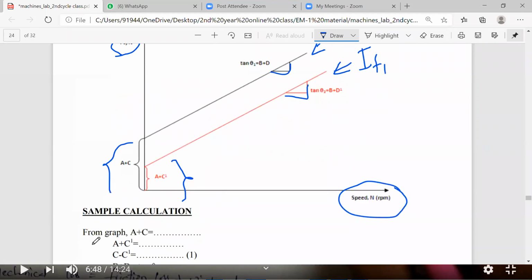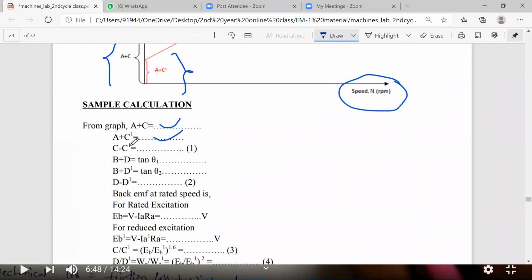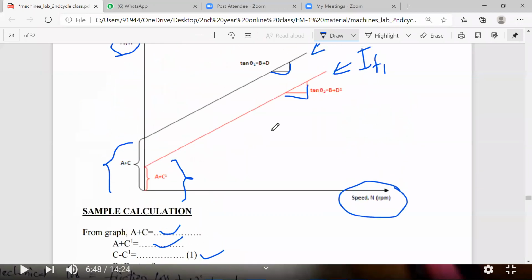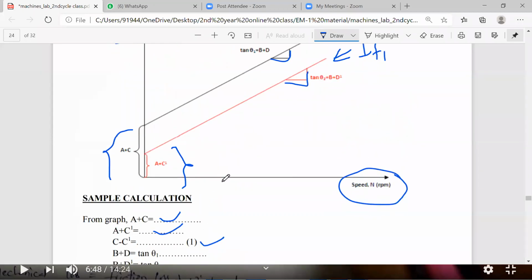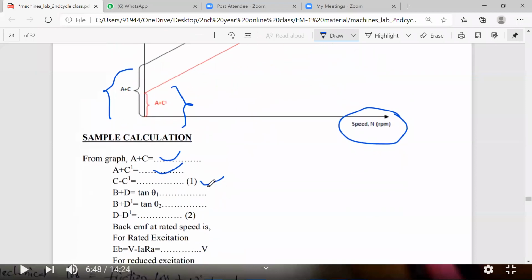From these curves we obtain the A plus C value and the A plus C dash value, and by subtracting we obtain B plus D tan theta and B plus D dash tan theta 2. That is the slope of the two equations.